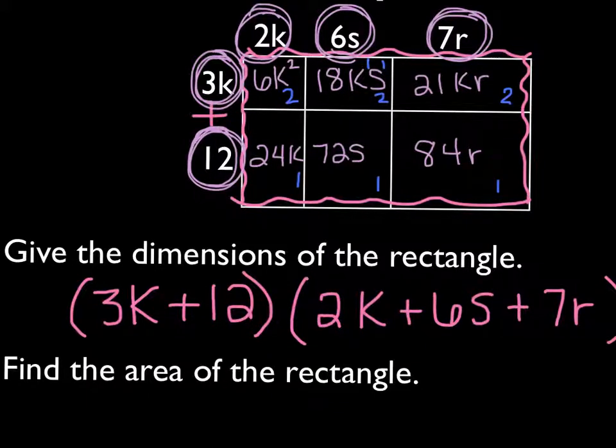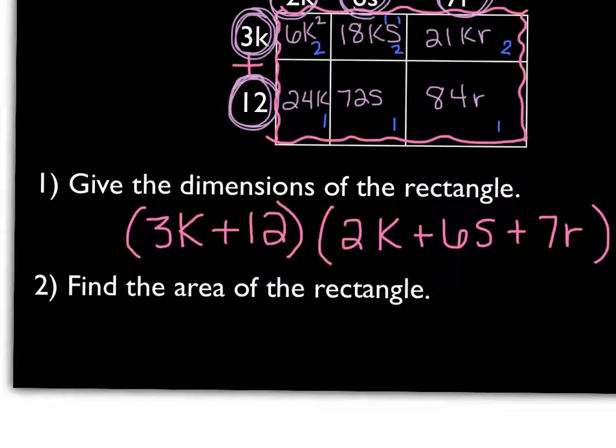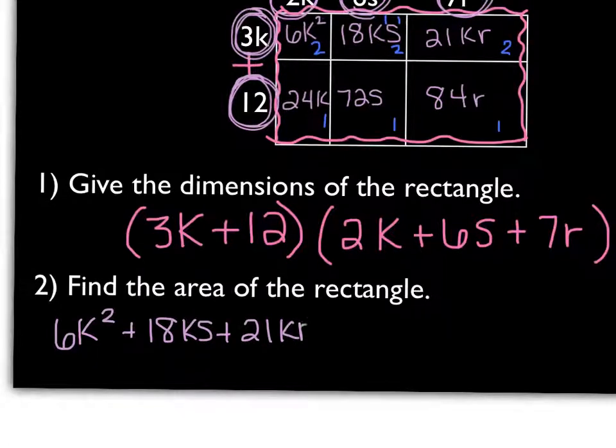That's what I care about. So I would say for my final answer, 6K squared plus 18KS plus 21KR plus 24K plus 72S plus 84R.